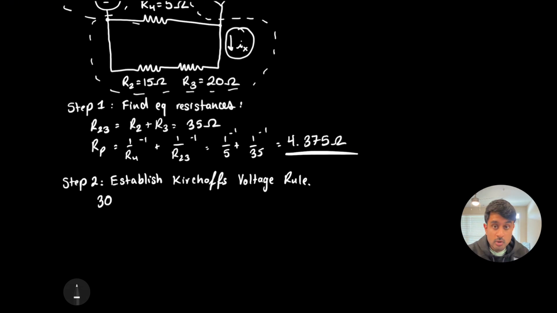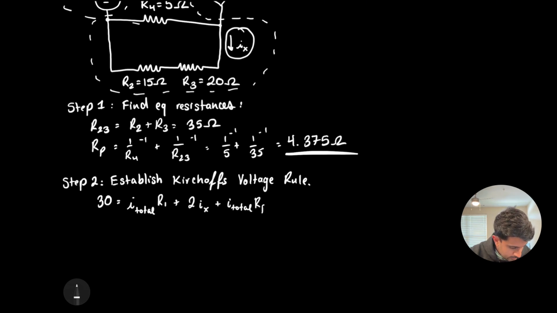30, our independent voltage source, is equal to I total, the total current, multiplied by R1, plus 2 IX, plus I total times R parallel.